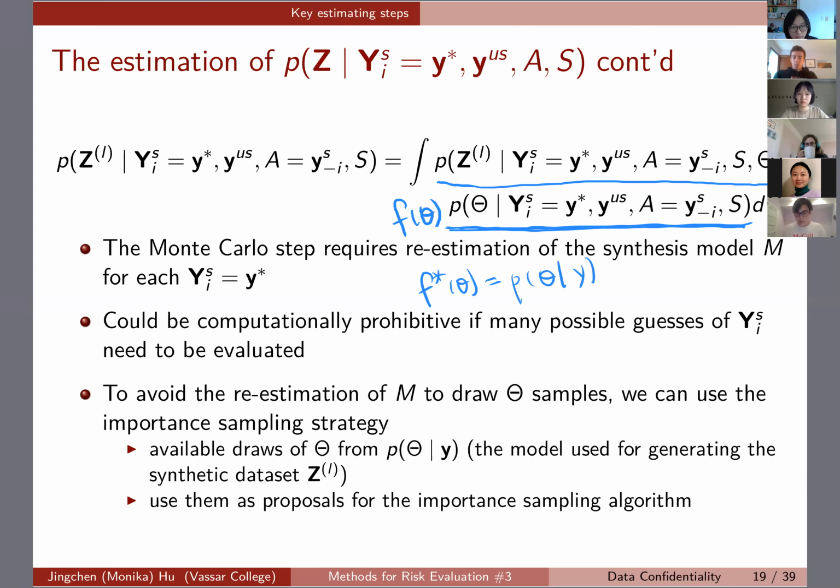If you look at this equation on the top, this part will be our f, and this whole part, later you're going to see, will be the g. On the next slide, the importance sampling, we're trying to estimate the expectation of g theta with respect to f. So that's why it's g theta times f theta and then integrate out theta. That is an expectation of theta over there.